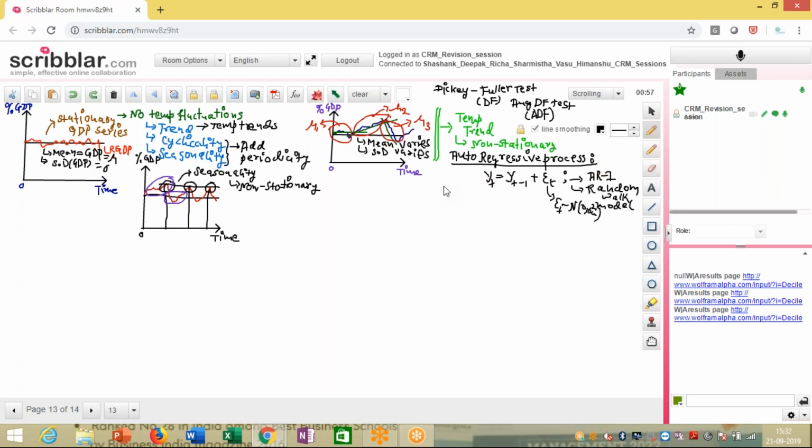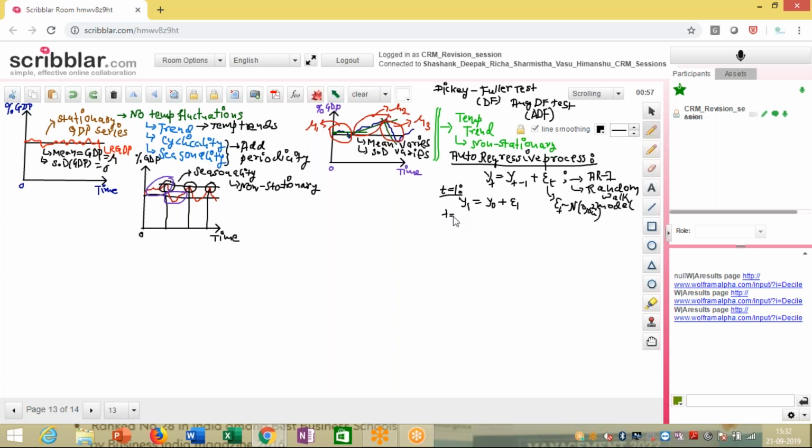Let's say at t equals 1, the first time period. Every time series model has an initial time period specified at t equal to 0. You will see that y1 will be explained by y0 plus the randomness present in time 1.